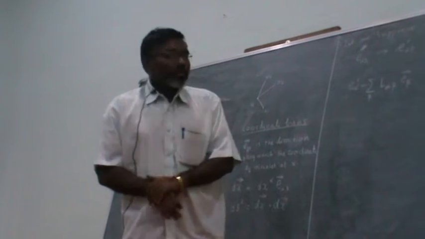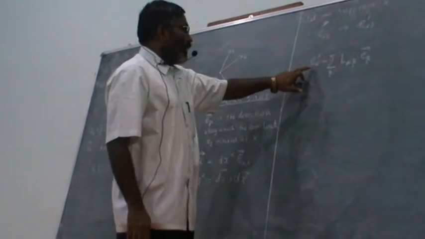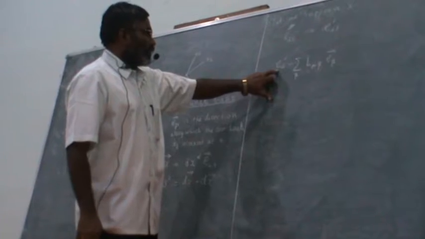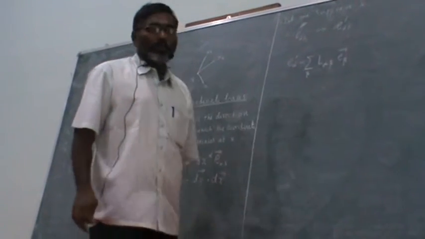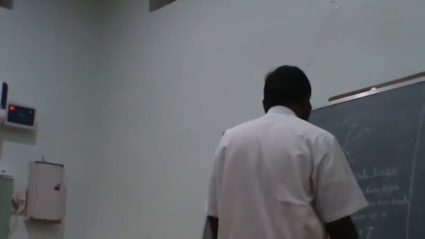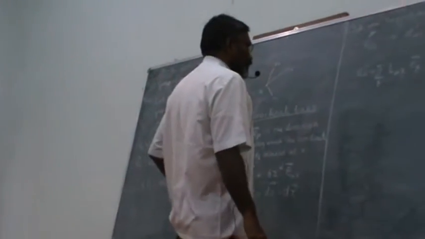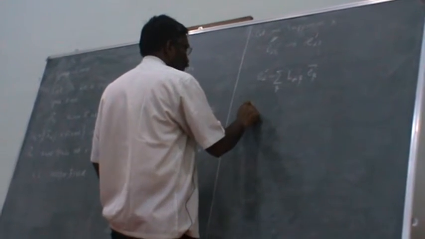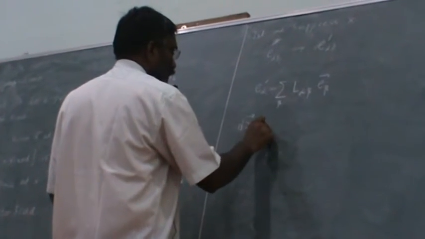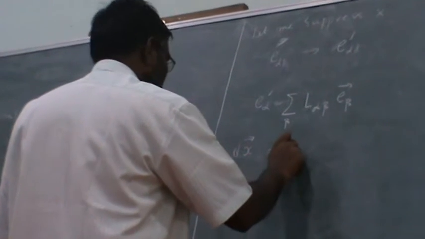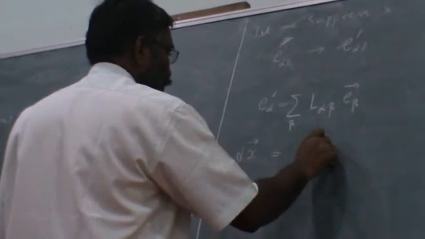Correct? So now if you have another basis, E alpha prime, and you have E beta, what is the way in which your coordinates are transformed? For example, you may say that your dx vector will be written as dx alpha into E alpha.